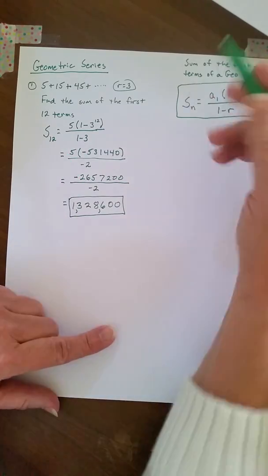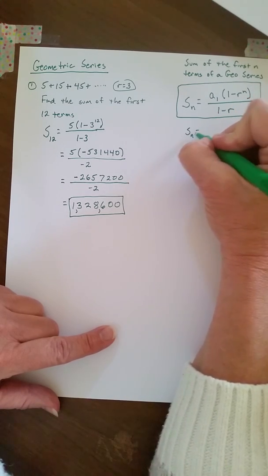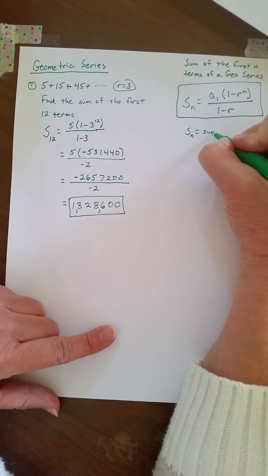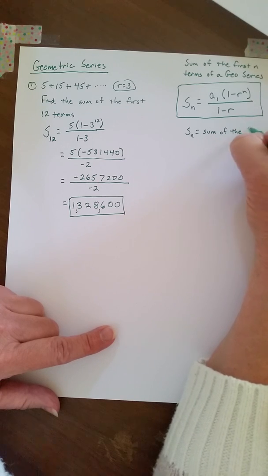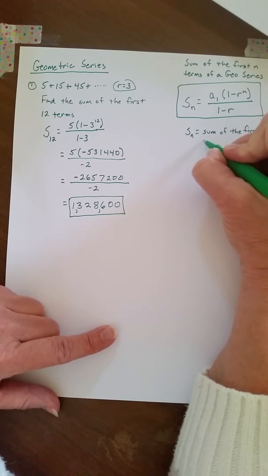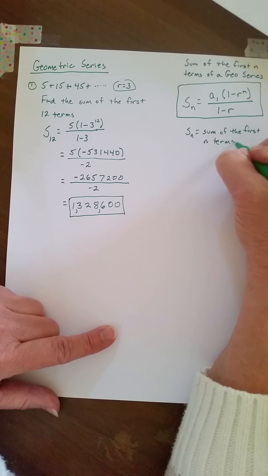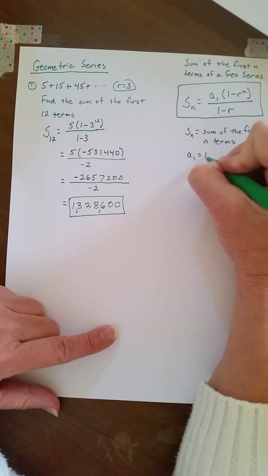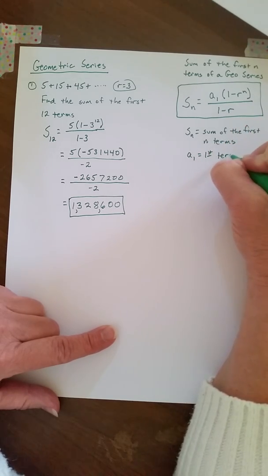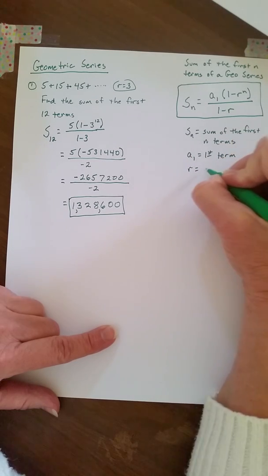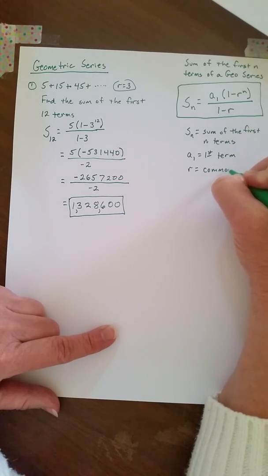All you needed was, let's jot this down, S sub n is the sum of the first n terms. A sub 1 is the first term. R, remember, is the common ratio.